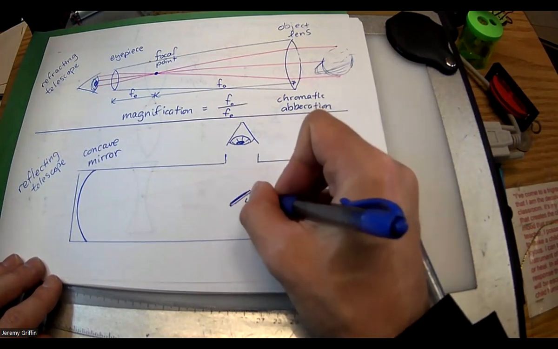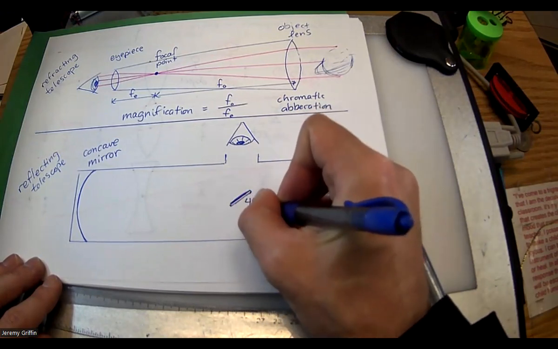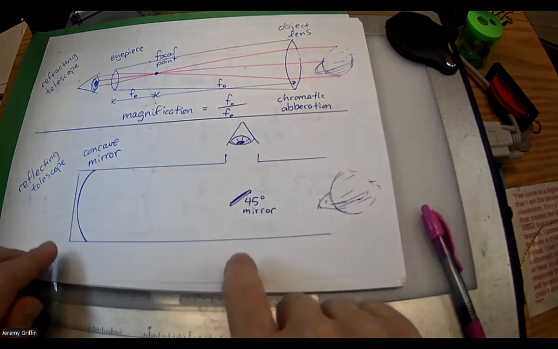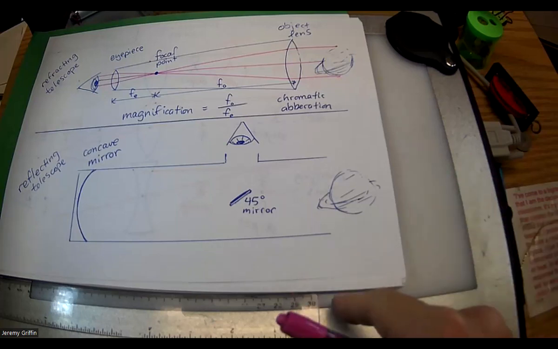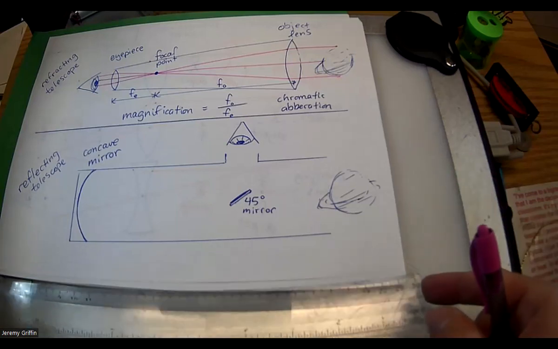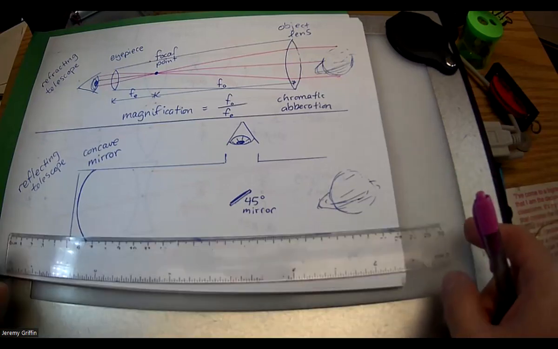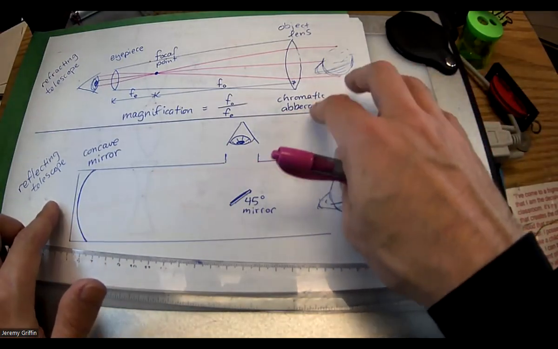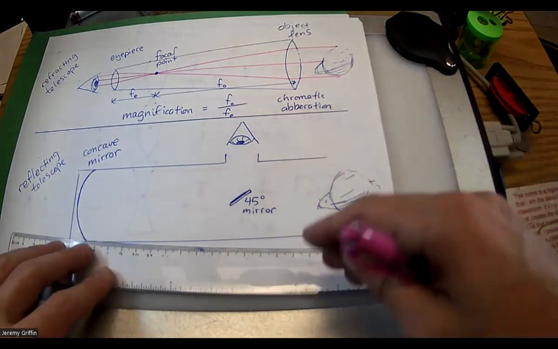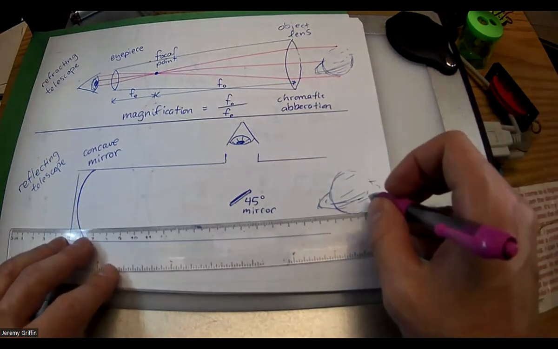So this is a 45-degree mirror. It's got a couple of reflective surfaces. Let's see what happens to the rays of light. Remember the purpose of this: we're getting rid of all this chromatic aberration because there's no more refraction going on. We're going back to reflection.